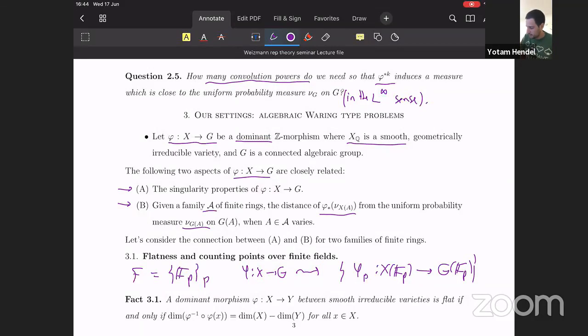I can ask when does this collection of measures, or you can also think about this as a collection of random walks, become uniformly very close to the uniform probability measure on G(F_p).